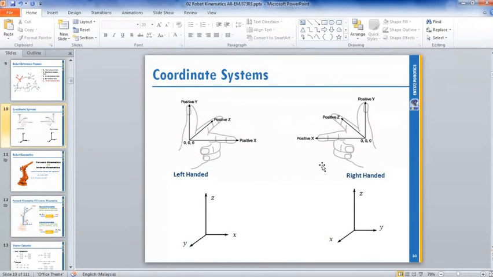You don't use the y-axis. In the DH method, you only use the z and x-axis. The y-axis will be calculated automatically based on the values of the x and z-axis.